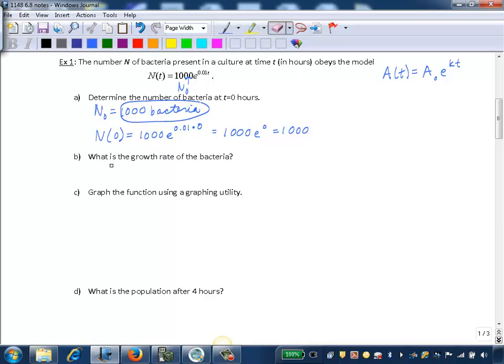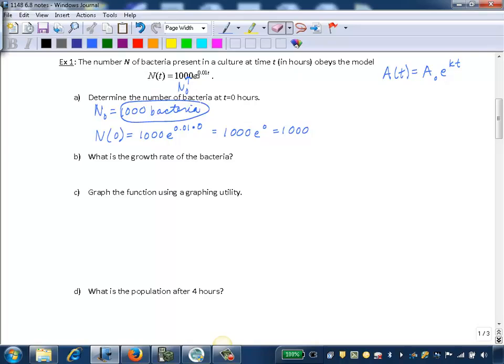Okay, part B, we want to know the growth rate of the bacteria. How fast is the bacteria growing? Okay, so in our general form of our exponential law, our law of uninhibited growth, our k, the number that's being multiplied by the variable t, is our growth rate.